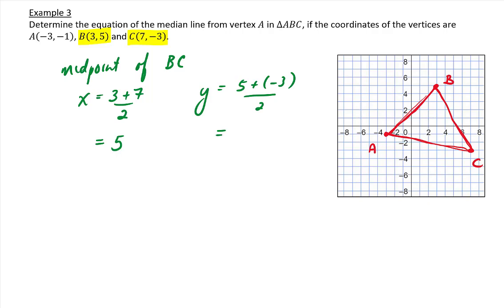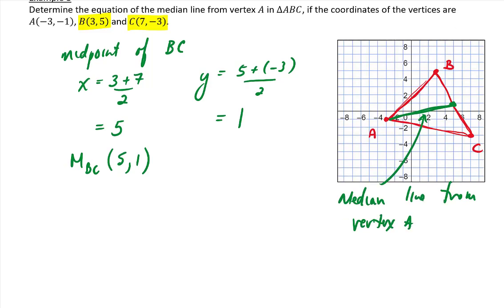So 5 plus -3 is 2, 2 divided by 2 is 1. So we find the midpoint of BC is going to be (5, 1). So let's go check. If I go over to 5 and 1, fits nicely on this triangle. There is the median line from A.